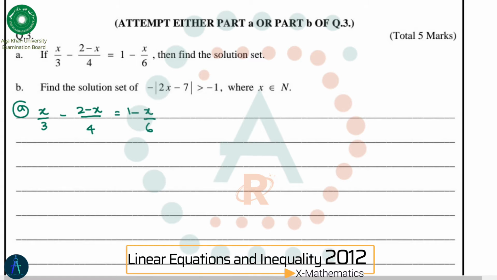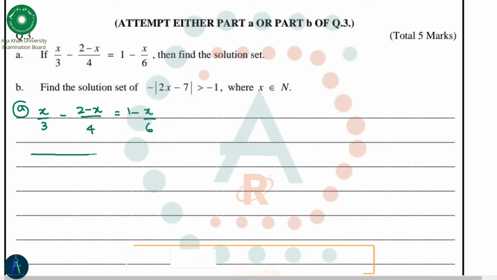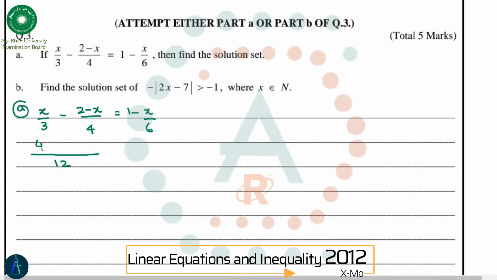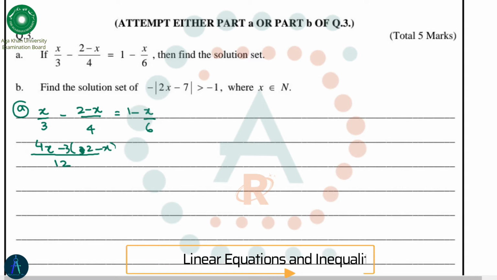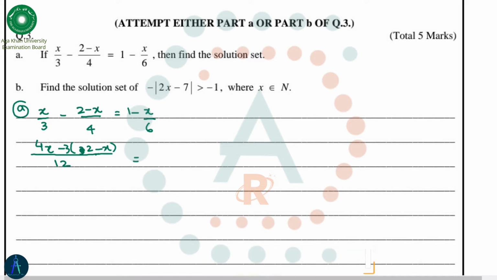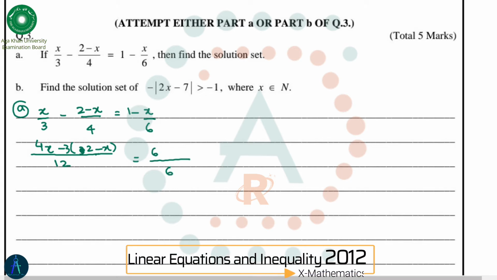So on the left hand side we take the LCM of 4 and 3, which will be 12, and the numerator will be 4x minus 3 into (2 minus x). So after taking the LCM, the equation is formed on the left hand side, and for the right hand side again we will take the LCM 6 and it will become (6 minus x).